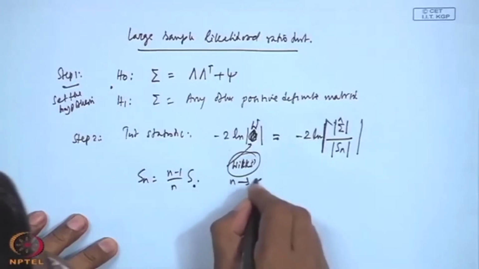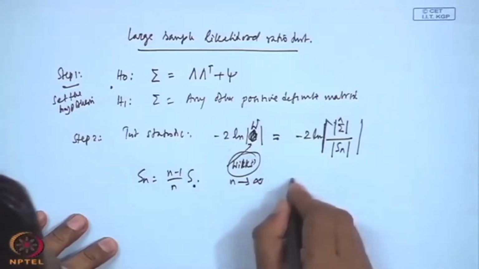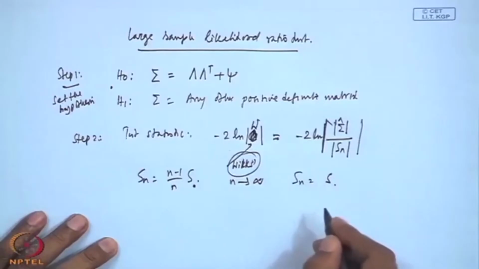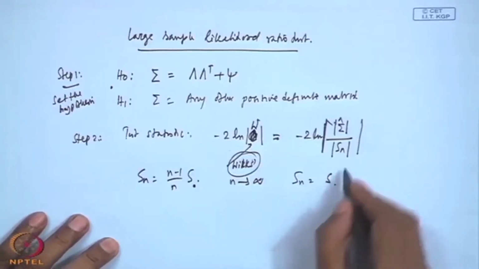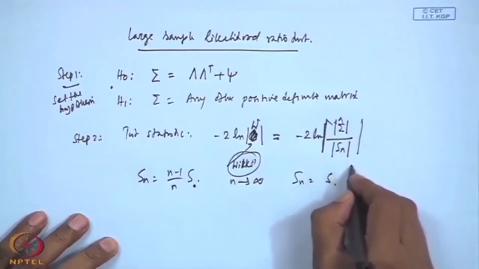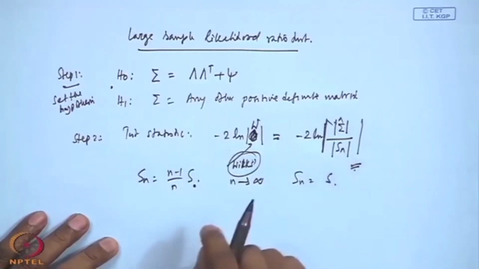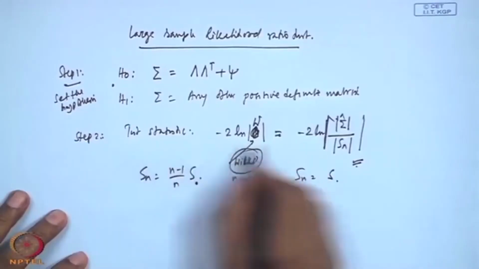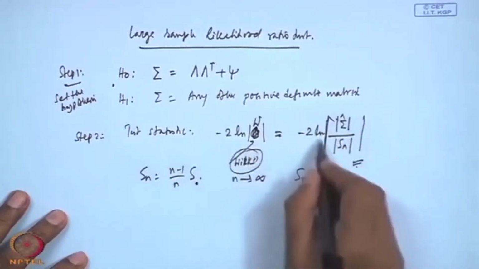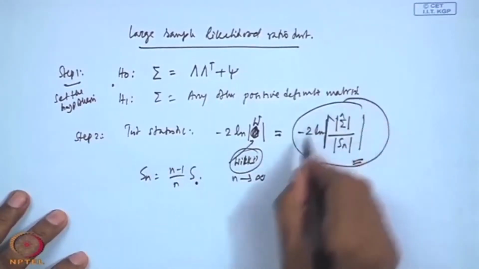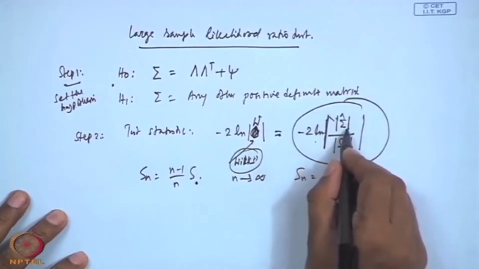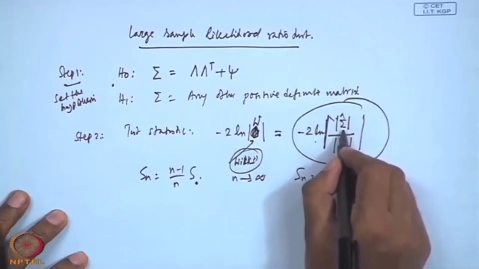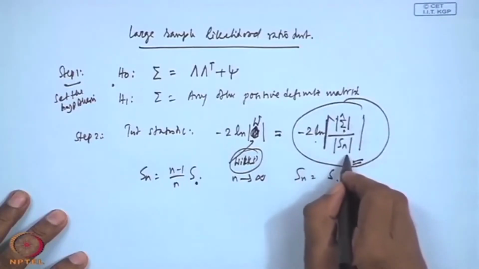For n very large, tending to infinity, Sn becomes S. So, for large sample size you can use the determinant of S here. Then once I know, what is my test statistic here? My test statistic is minus 2 log determinant of sigma by determinant of Sn.